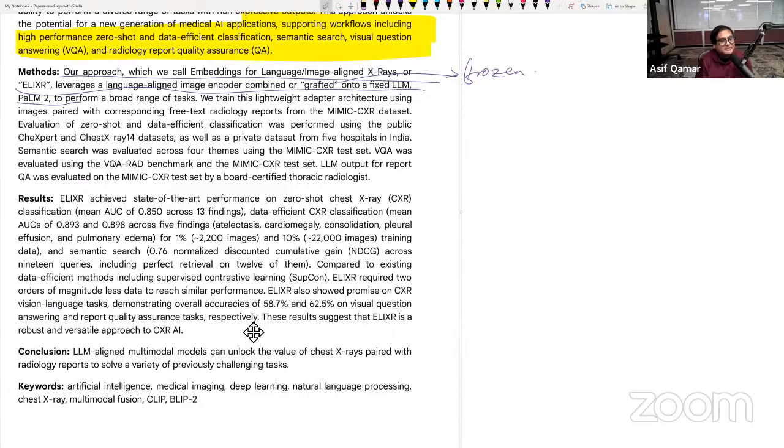It doesn't mean it's working perfectly, and you would have preferred it to be 99, but 90 is pretty good and impressive. And you can achieve that with only 1% of the training data. Look at this. Out of the millions and millions of images, they just took 1% and 10% training data for the different conditions.